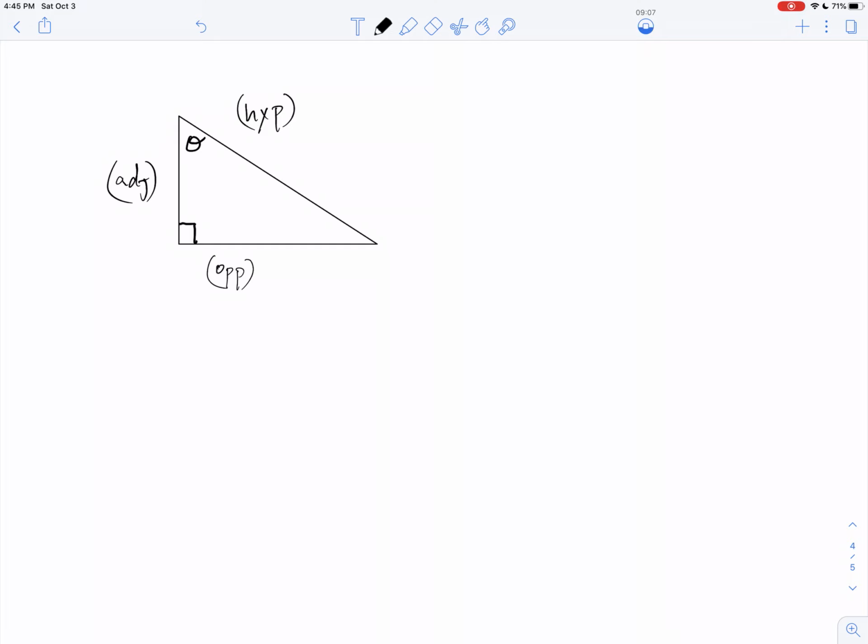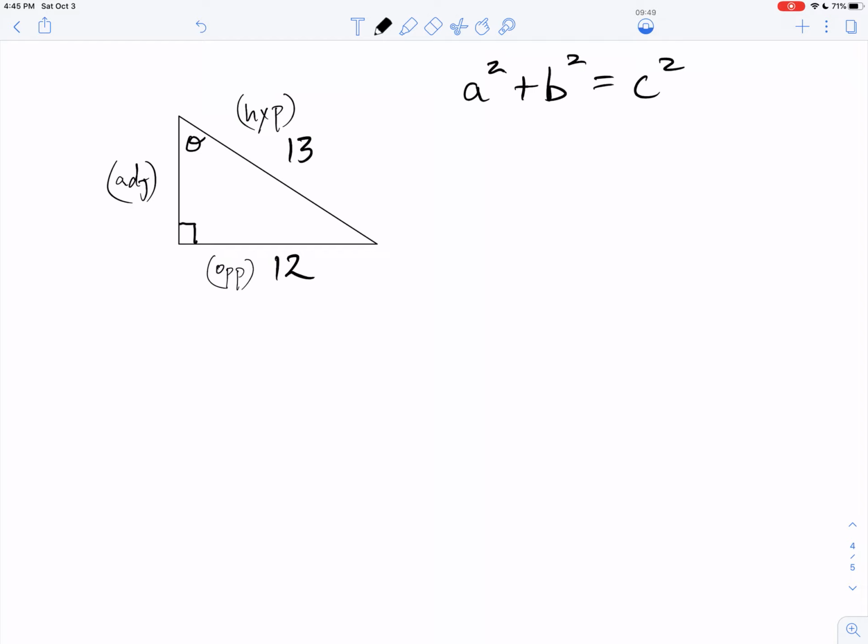But we still can't do anything unless they give us some values to play with. The very first one I did was extremely straightforward, no weird numbers. For this one, I'm going to use no weird numbers either. So let's begin. I'm going to put a 13 here, and I'm going to put a 12 here. And you're going to say, well, they didn't give me the adjacent side this time. So remember, in the Pythagorean theorem, a squared plus b squared equals c squared, the letter c always represents the hypotenuse.